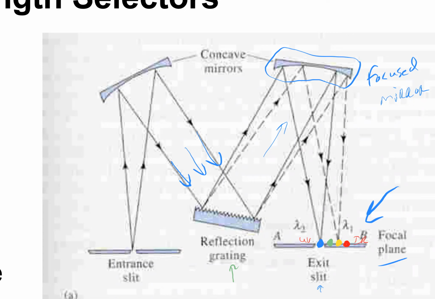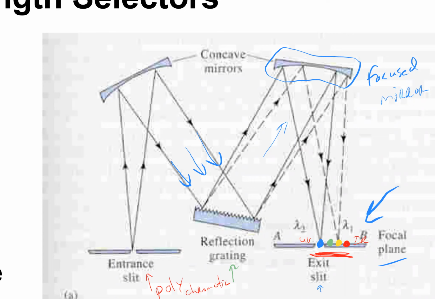But the point is, if I introduced polychromatic radiation, light of many different wavelengths, into this device, because each wavelength diffracts off the grating differently and recombines at slightly different points in space, I can spread that out across the focal plane at the exit slit of my monochromator.